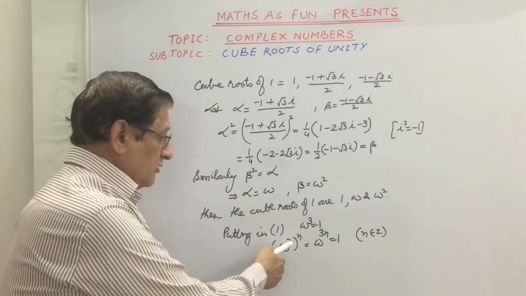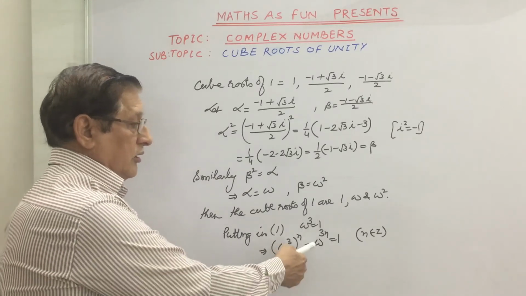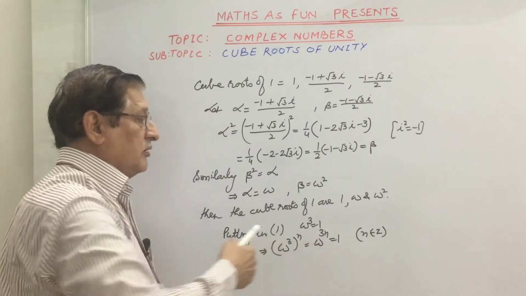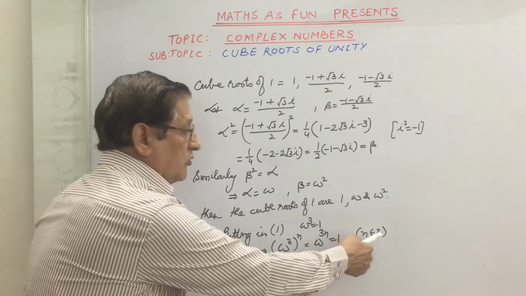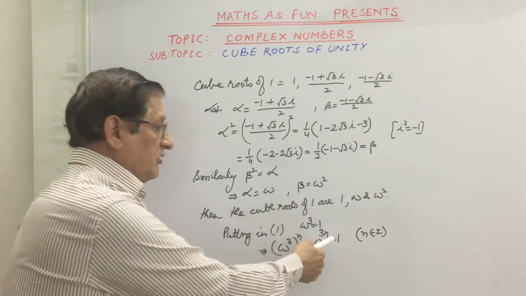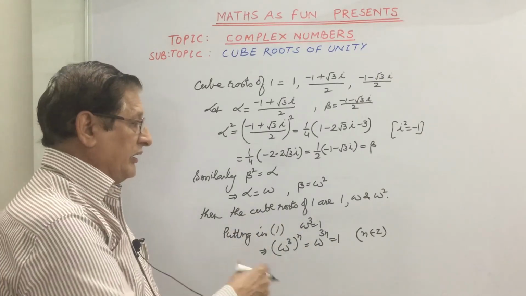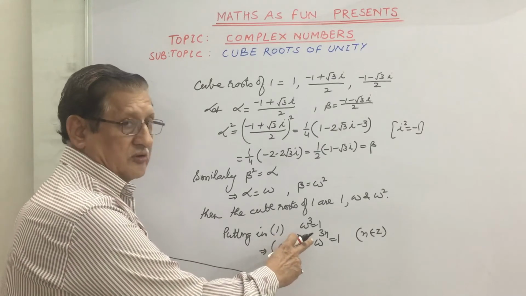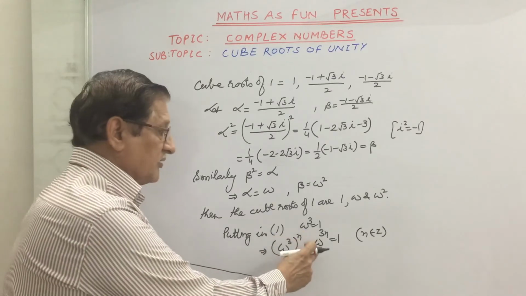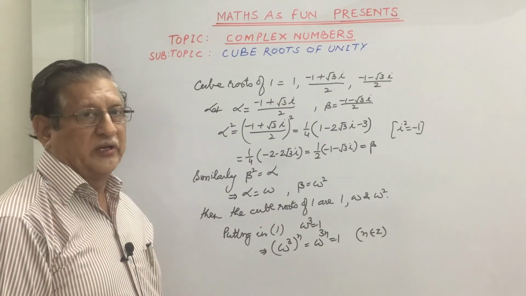It means omega to the power 3 whole to the power n, that is omega to the power 3n, for any n belonging to Z, means any integer, that will be equal to 1. Or we can say any integral multiple of 3, if it is a power of omega, that will be always equal to 1.